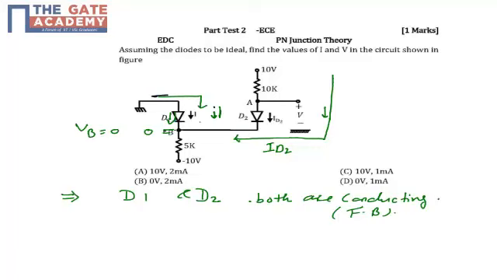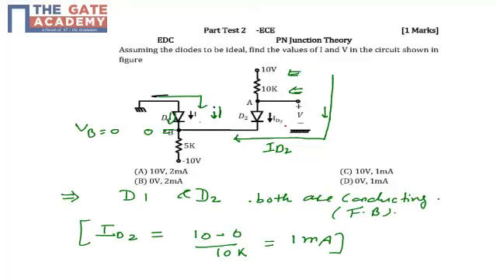So I can calculate current ID2 as 10 minus 0, where 10 is the potential of this and 0 is VB, upon 10K resistor, 10K. So it comes as 1 milliamp. So 1 milliamp current is flowing across diode D2.